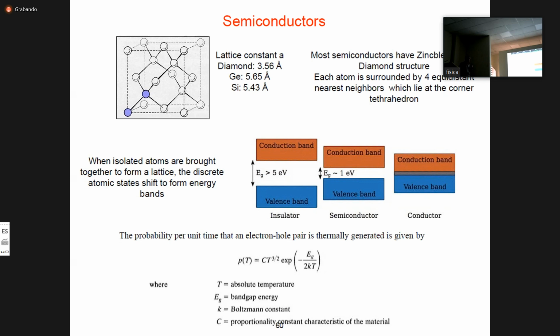And in the semiconductor case, you have the gap, which is approximately equal to 1 electron volt, and in some cases, it can conduct current, and this property of semiconductors is used for radiation detectors.